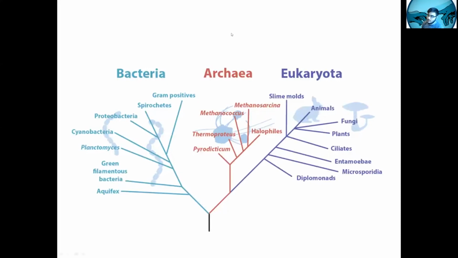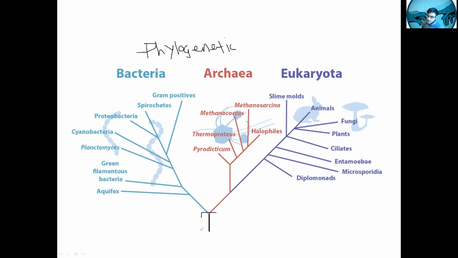And this, hopefully some of you remember, is called a phylogenetic tree. I'll just write it here, phylo and genetic tree. This essentially shows the progress of evolution.